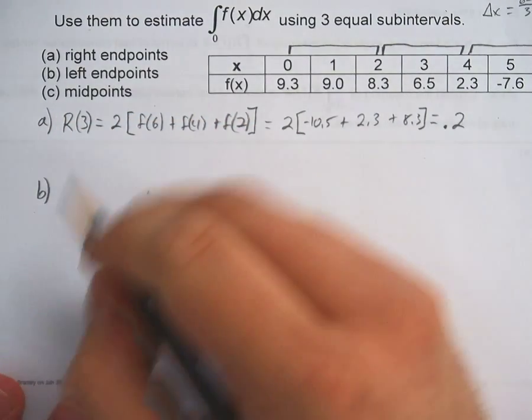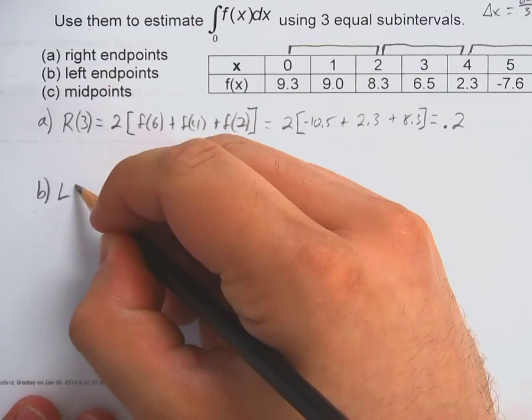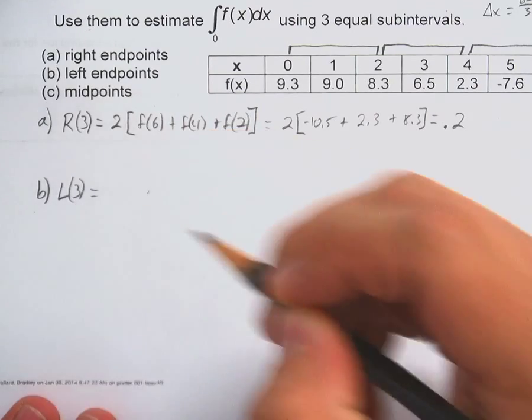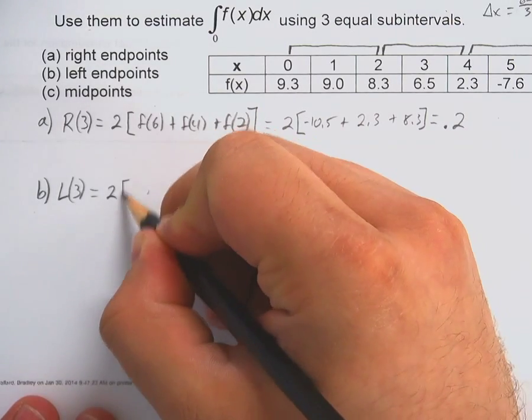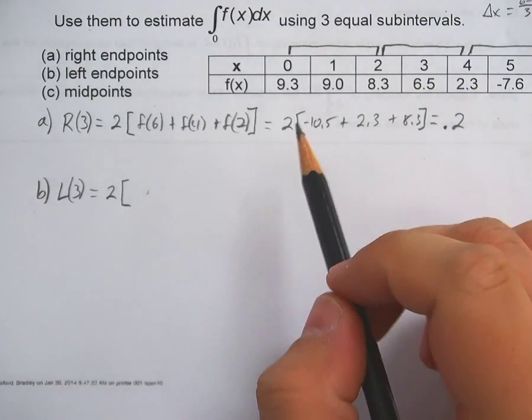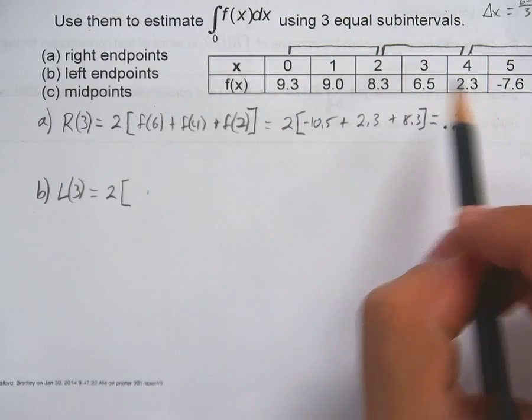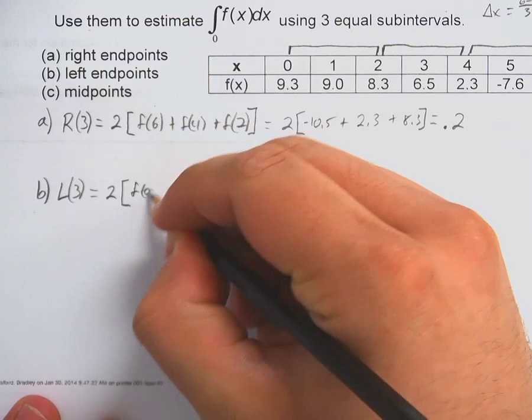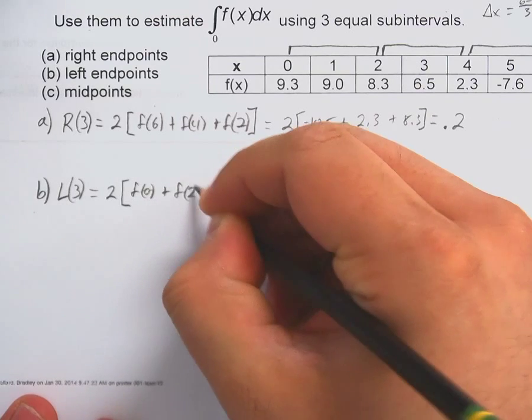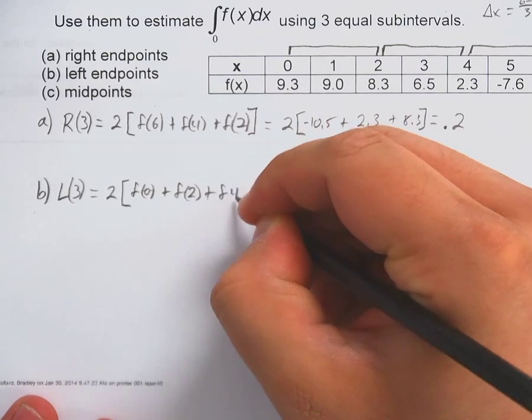B is a left endpoint. So a left endpoint using 3 subintervals is going to be delta x, which is 2. Now we're going to start on the left. So we have 0, 2, and 4. F of 0 plus f of 2 plus f of 4.